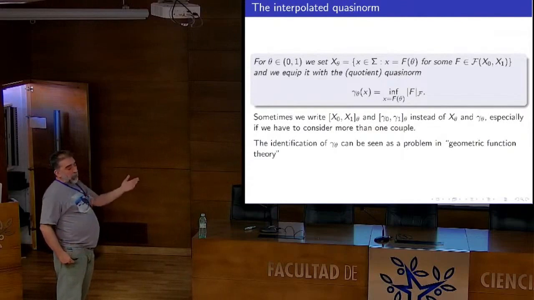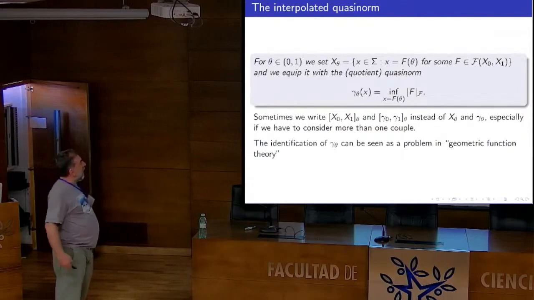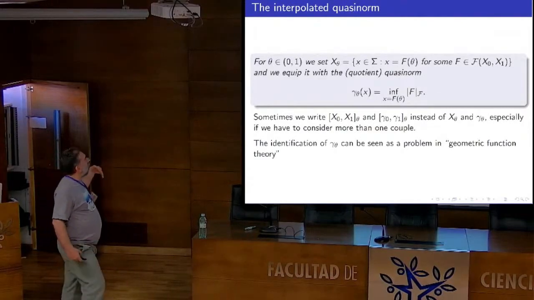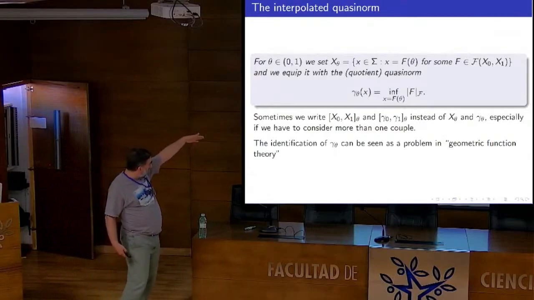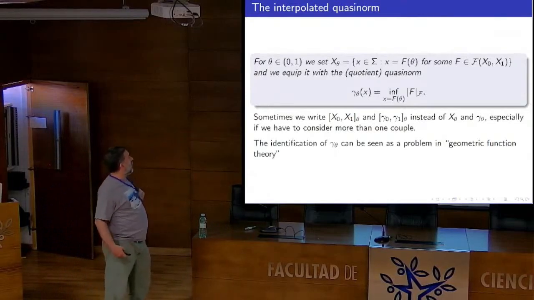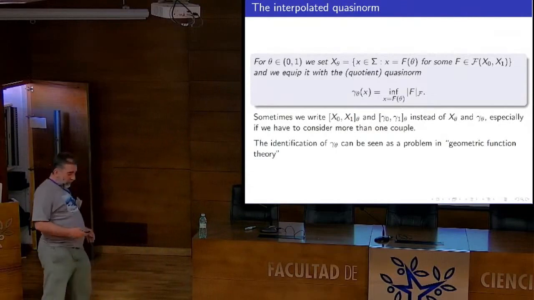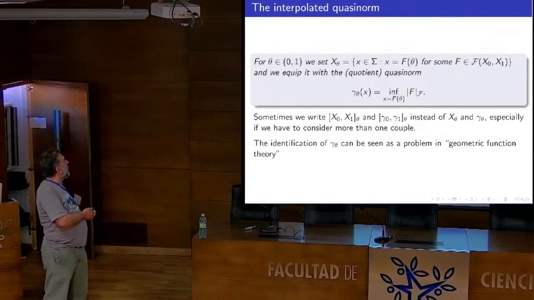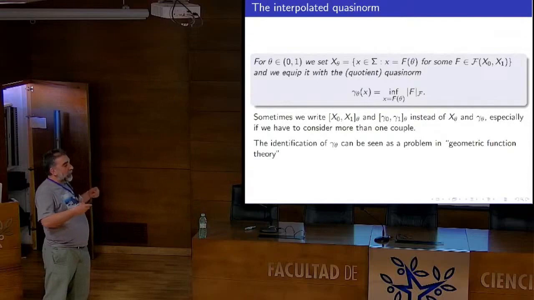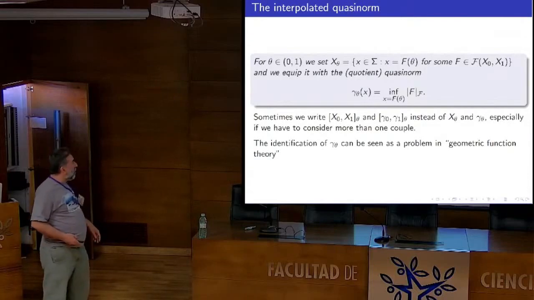Then we obtain some points in the ambient space, and we put the quasi-norm, which is this quasi-norm. The notation is more convenient perhaps to write this and not this, if there is another couple to work with, right?